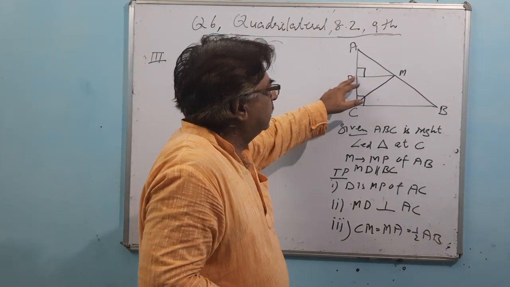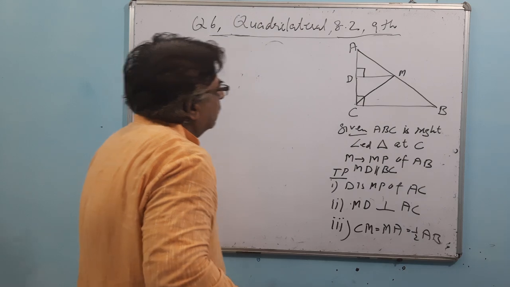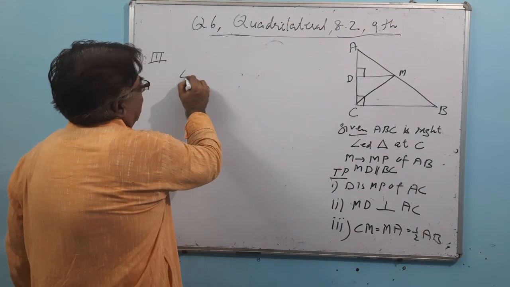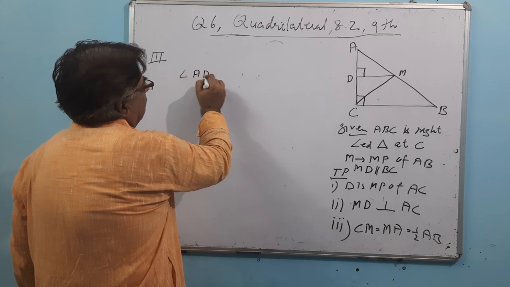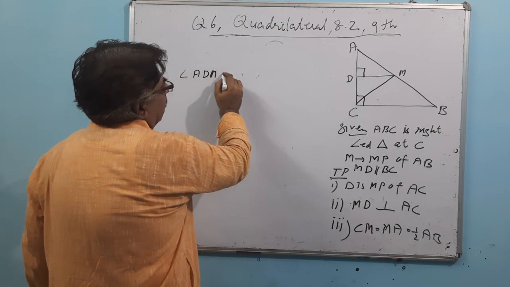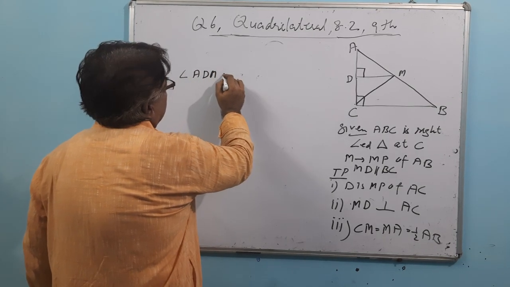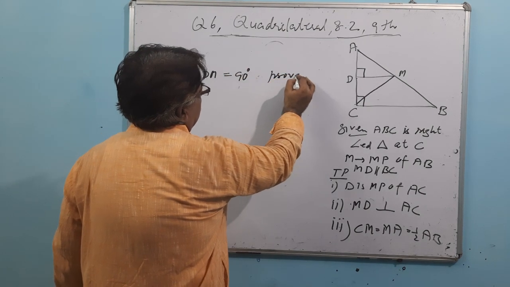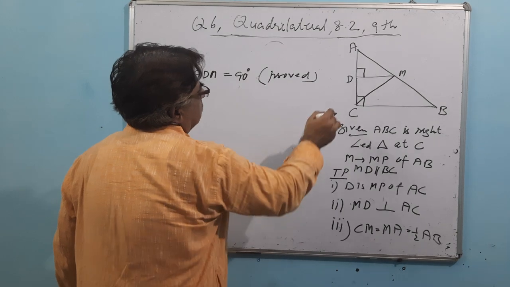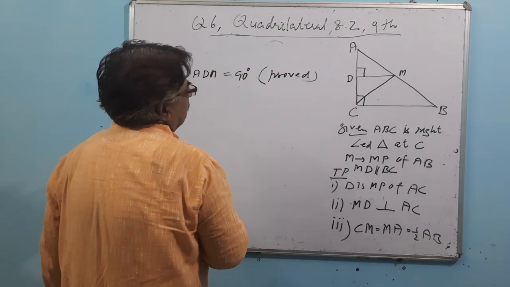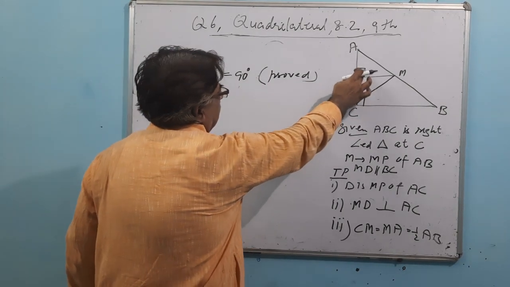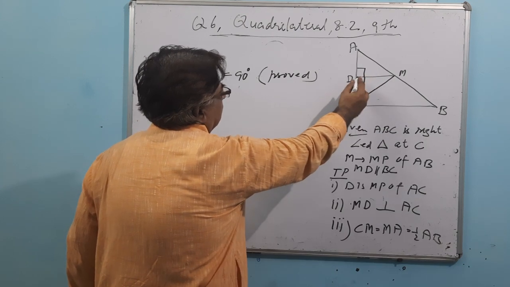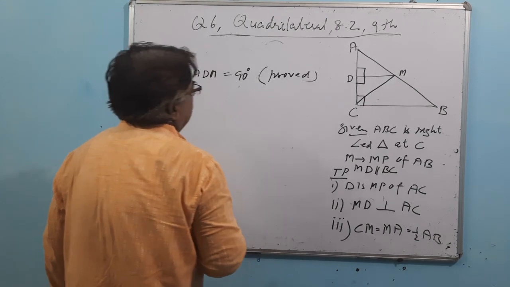But before we take these two triangles, let us see that this angle ADM is equal to 90 degree. We have proved it. And CDM and ADM both make a linear pair.